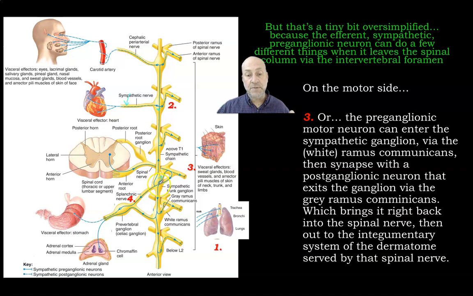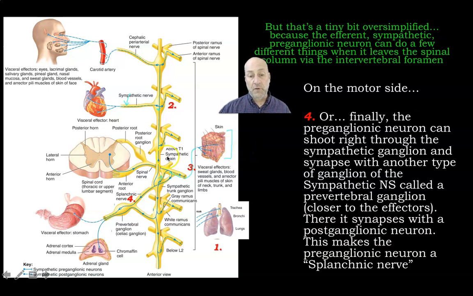And then it synapses in the sympathetic trunk ganglion, but then heads right back in the gray ramus communicans in the unmyelinated pathway, and it just joins right up, and it just feeds all of the dermatomes. So it jumps on the spinal nerve, and it heads out to all the dermatomes, and it has sympathetic effects at erector pili, at the dermal blood vessels, and at the sudoriferous glands, the sweat glands, and it has effect there that we'll all talk about.